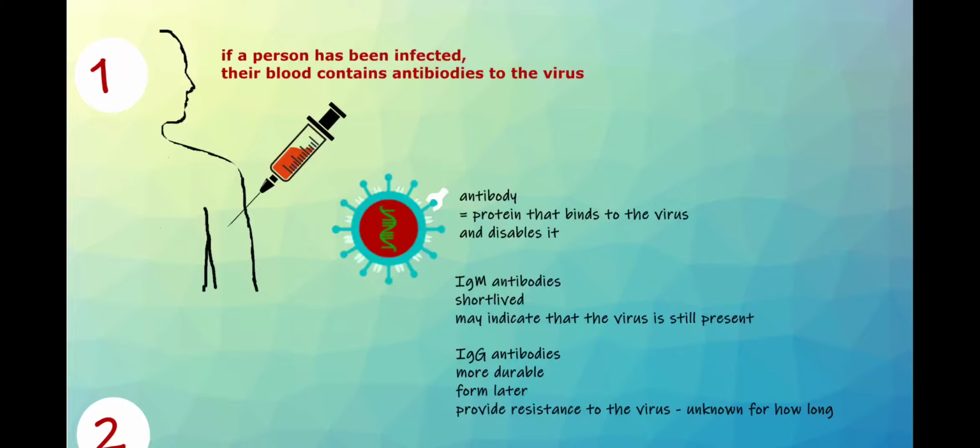First of all, our blood contains antibodies. An antibody is nothing but an immune response against an infectious agent. Our immune system generates antibodies when any kind of microbe infects the body.